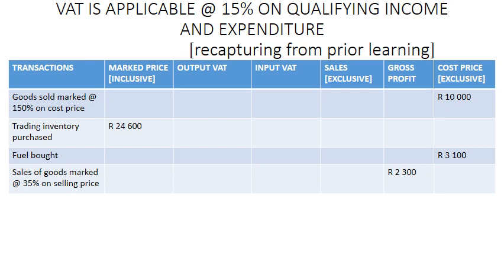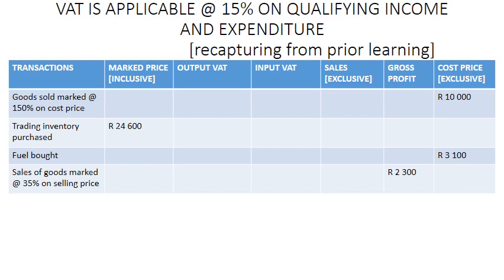Before we can start recording into various subsidiary journals, let us recapture on calculations done previously on value-added tax and markups by working on the given table below to determine the missing values. On the table, we are given VAT, which is applicable at 15% on qualifying income and expenditures.